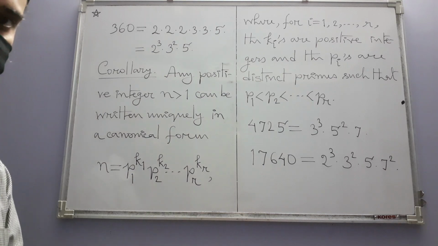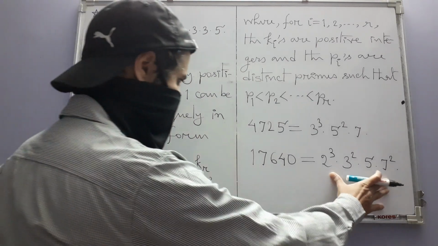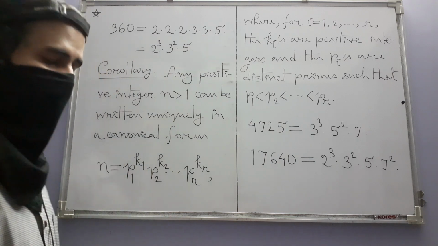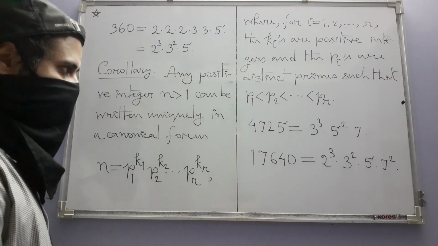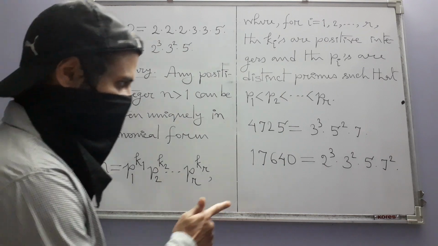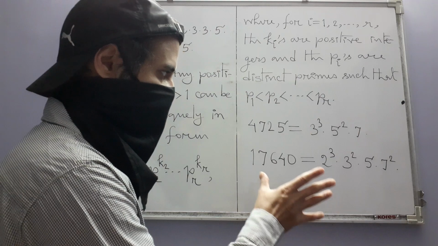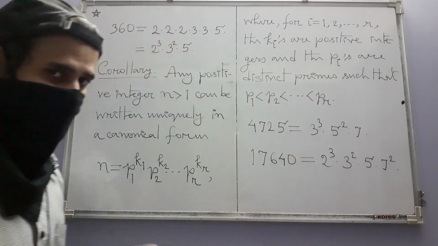You can verify this. This turns out to be 17,640 and not 17,460. So this way any positive integer greater than 1 will have a unique canonical factorization of that form.